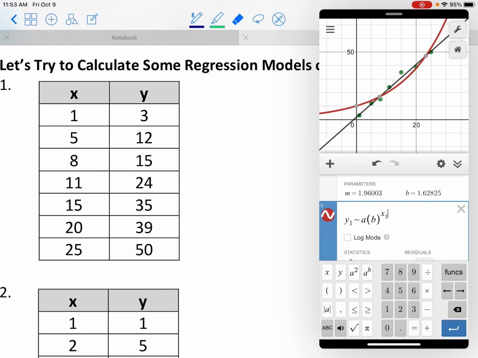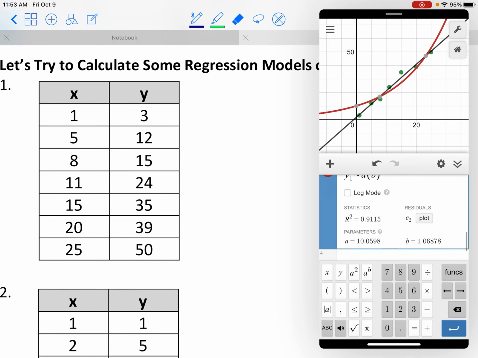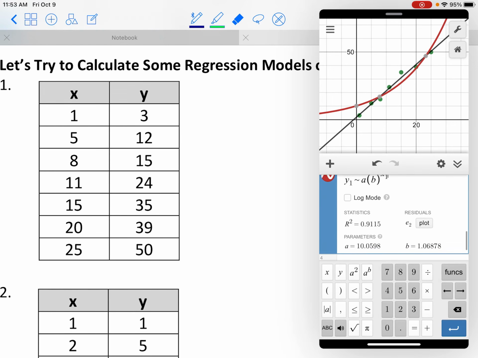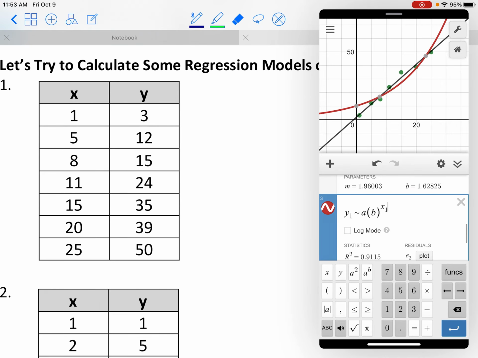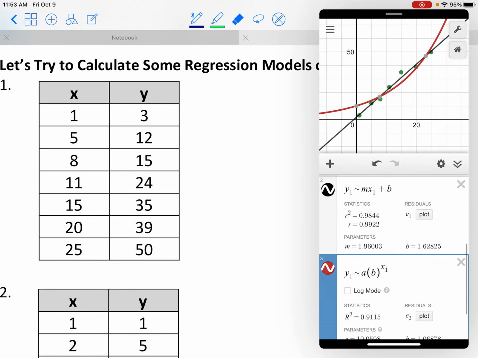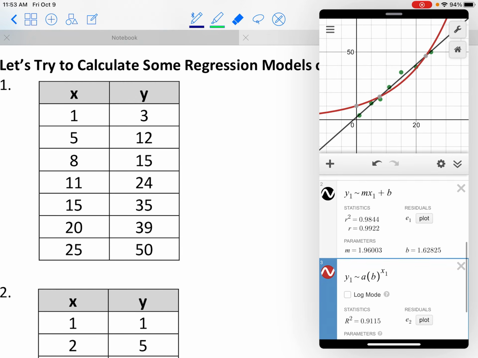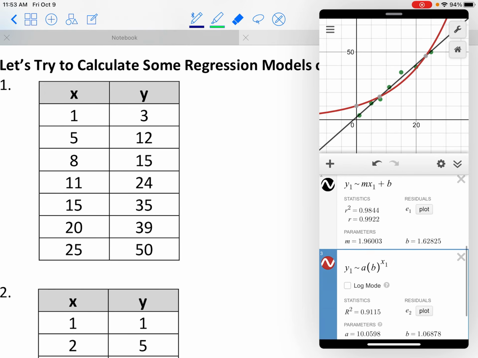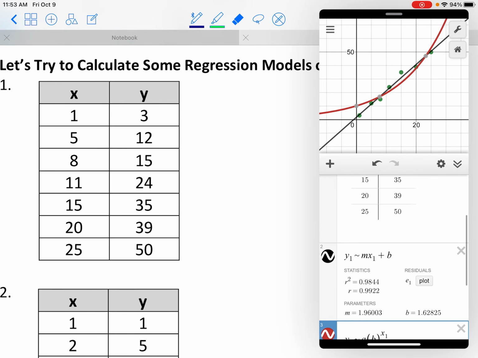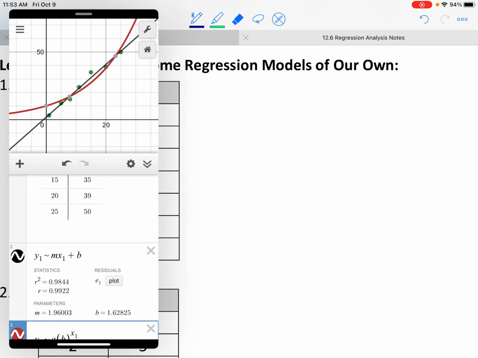If you don't put those subscripts, you're going to see it's not going to calculate anything for you. Now, if we look at r squared here, r squared is 0.9115, and that is weaker than 0.98. So we want the number that's going to be closer to 1 or negative 1 if they were negative, and so the linear model is going to be better. So I'm going to choose the linear model here.